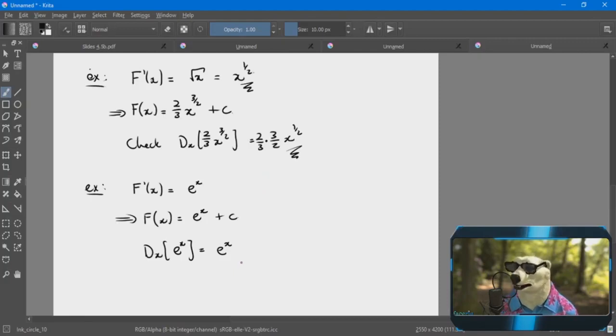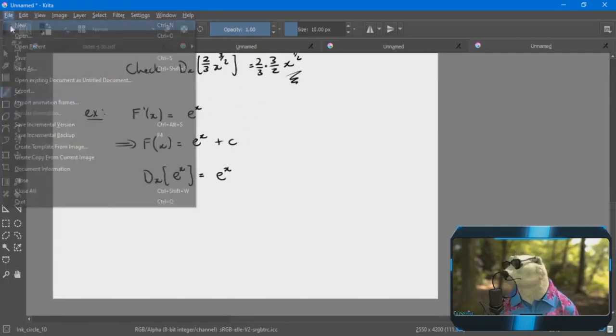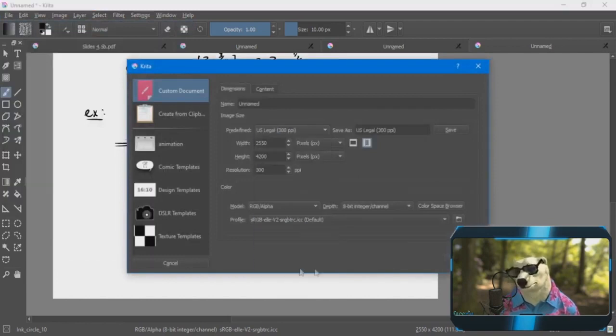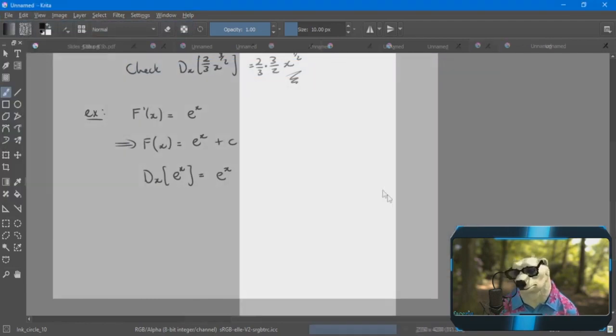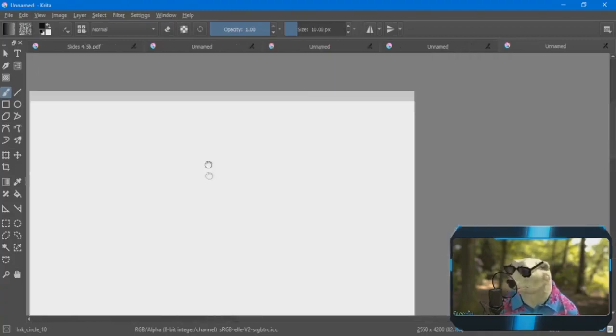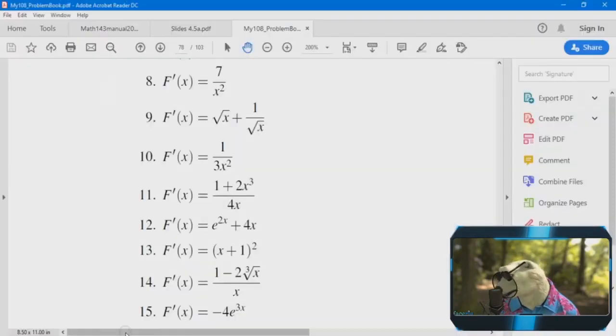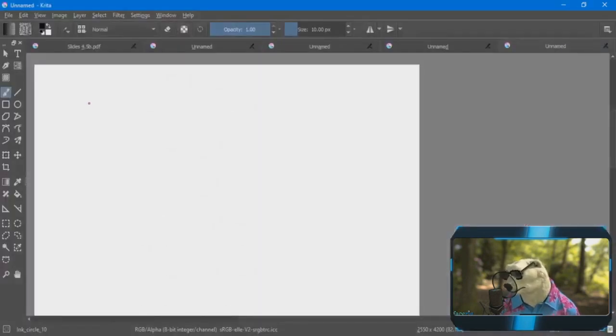But if I now have something a little bit more complicated, like in number 12, e to the 2x plus 4x. Now, the 4x isn't going to give me a problem.